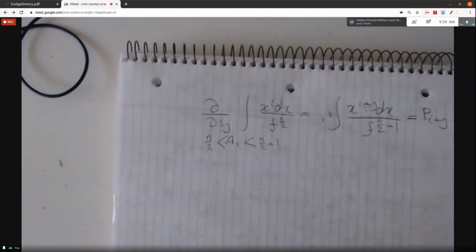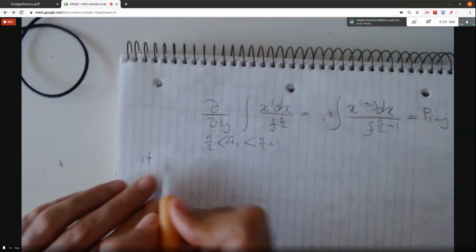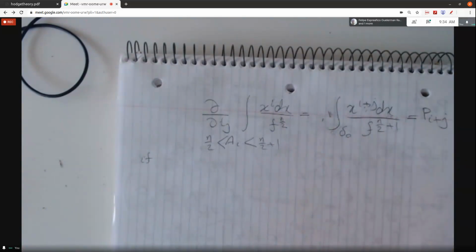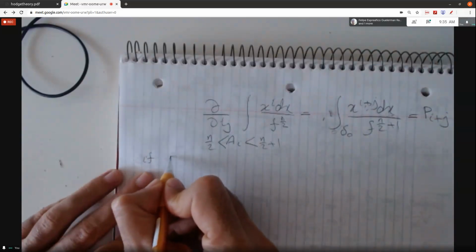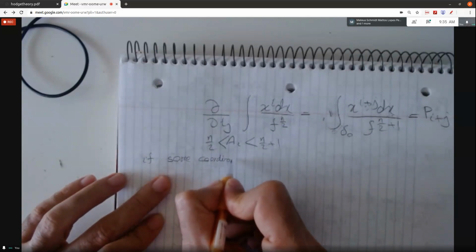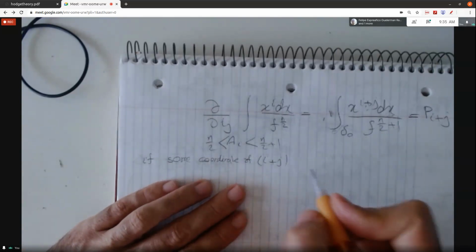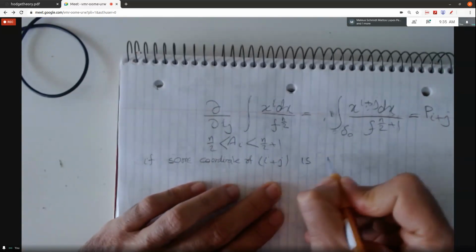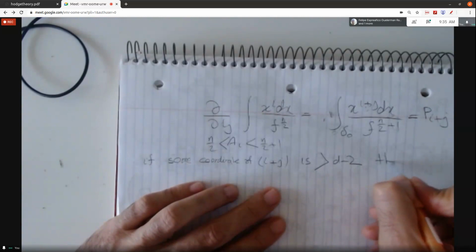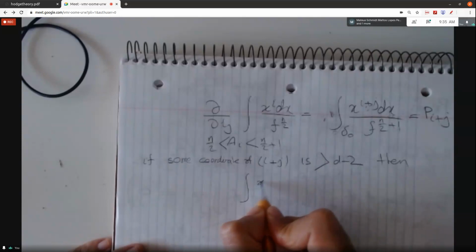Okay, so we are almost done. Maybe what I have to say, again, I will not write also sigma. So if some coordinate of I plus g is strictly bigger than d minus 2, then this one, maybe I will explain a little bit.